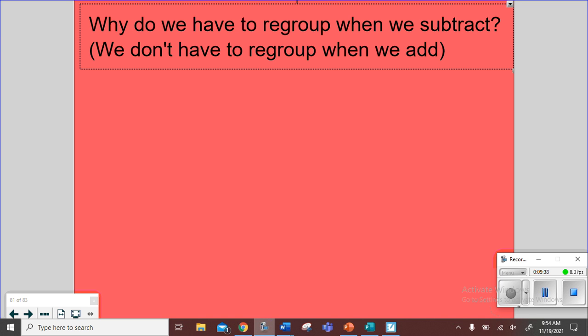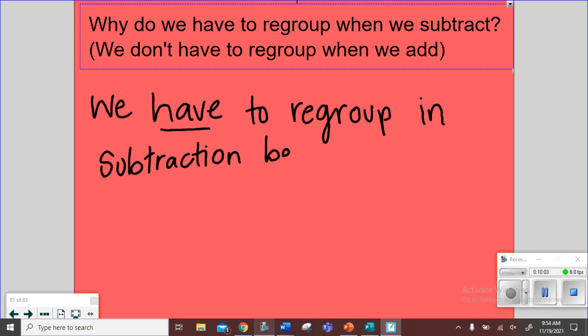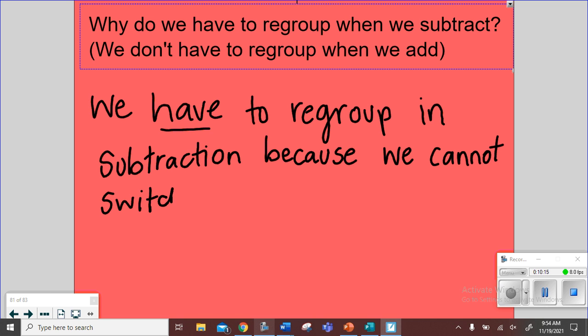So we have to regroup in subtraction because we cannot switch the digits, aka we cannot use the commutative property.